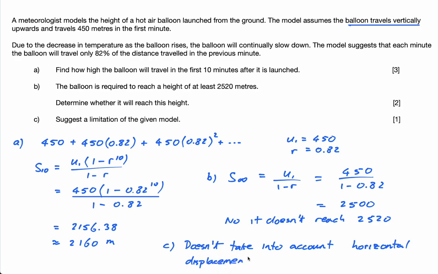But guys, there's loads of different things you can write here for that mark. Say wind: it doesn't take into account that there might be wind or resistance or anything like that. Okay, that's it, guys. That is question 7, is it?